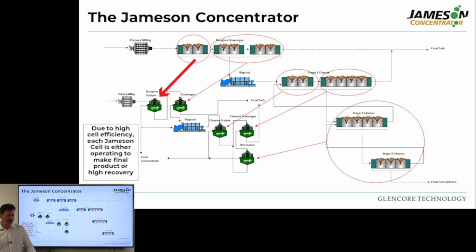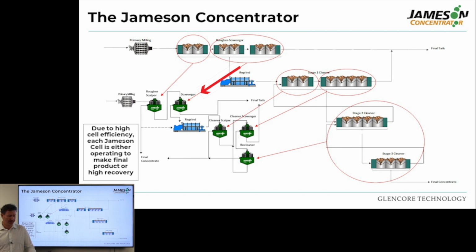The first 2 of those cells would be replaced by a rougher scalper Jameson cell, and we would produce a final grade concentrate. The remaining 4 cells would be replaced by 1 scavenger Jameson cell that would be focusing on the recovery.